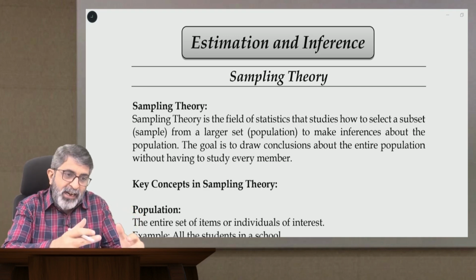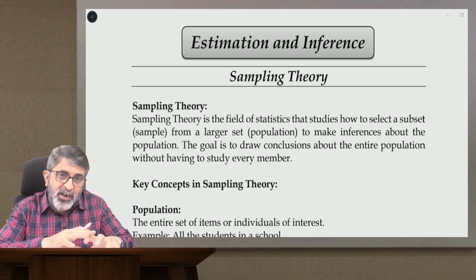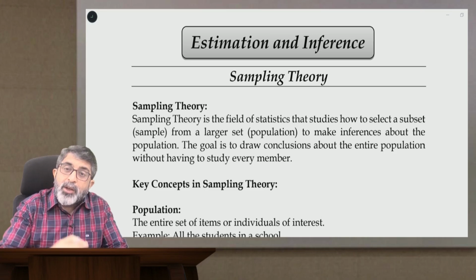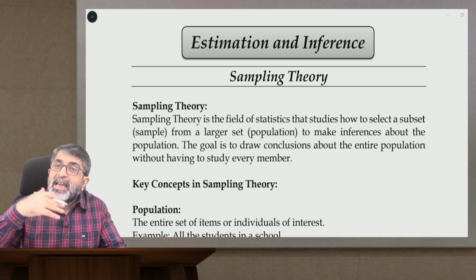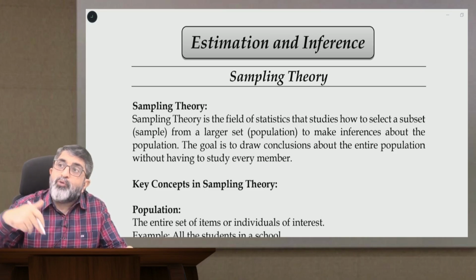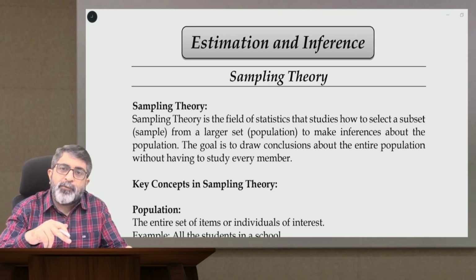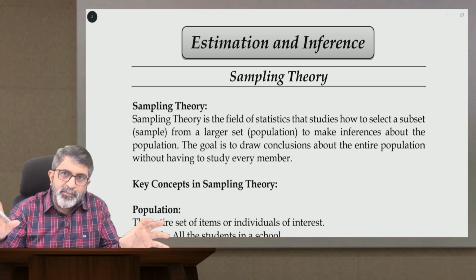So you are analyzing the data that you have gathered from these 5 samples. Based on that, you are making estimations about what would be the average income level of all the working people in that town.